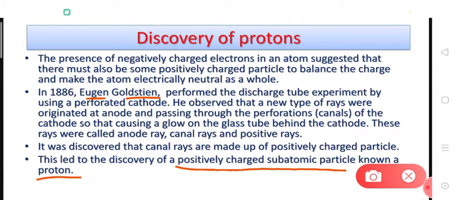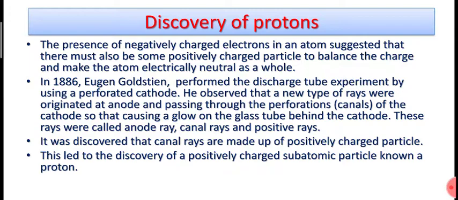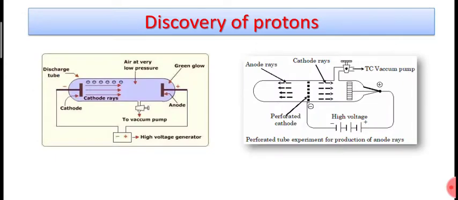Obviously, the presence of negatively charged electrons in an atom suggested that there must be some positively charged particle to balance the charge and make the atom electrically neutral as a whole. So this is how the discovery of protons was influenced by the discovery of anode rays.